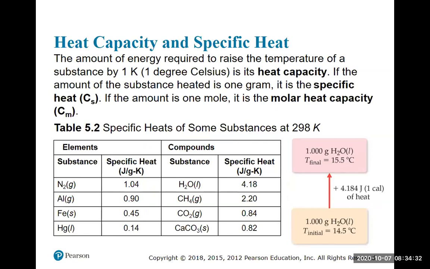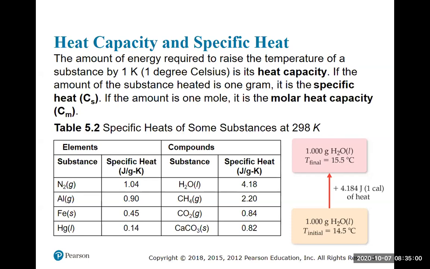So when we talk about materials, all materials have an ability to capture heat, and that's called its heat capacity. Heat capacity is defined as the amount of energy it takes to raise the temperature of a substance by 1 degree Kelvin or 1 degree Celsius.